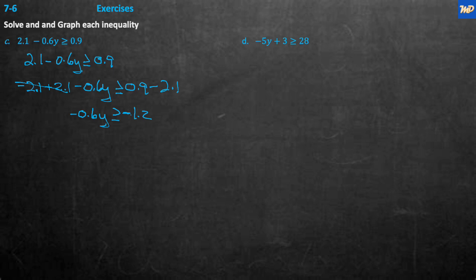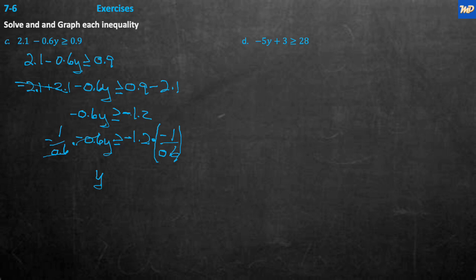So we're going to multiply by negative 1 over 0.6 times negative 0.6y is greater than or equal to negative 1.2 times negative 1 over 0.6. This could have a parenthesis around it if we wanted. Okay, so now these cancel, the 0.6's over here, and we're left with y.